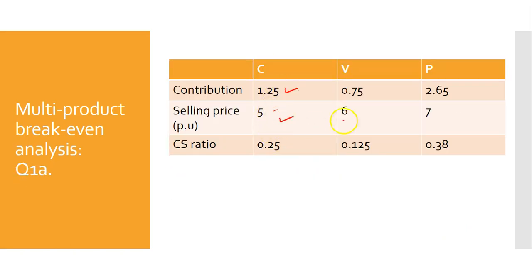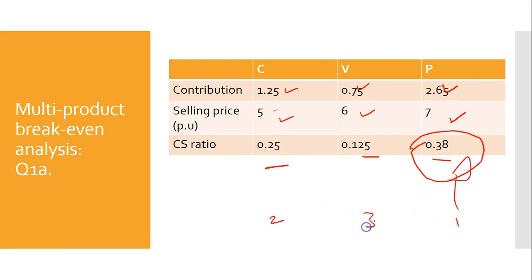We have the contribution over selling price, contribution over selling price, contribution over selling price, and we have the C over S ratio. Now we can see from here that P tells us that if we were selling in order of rank, we would probably sell the P's first, then the C's, then the V's. But that's not the scenario.